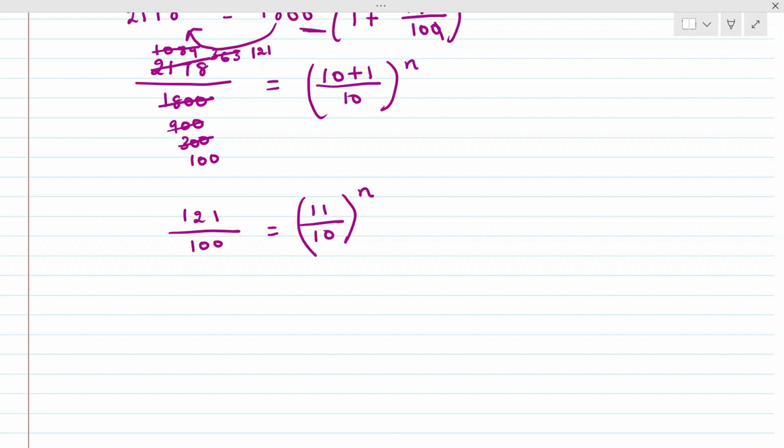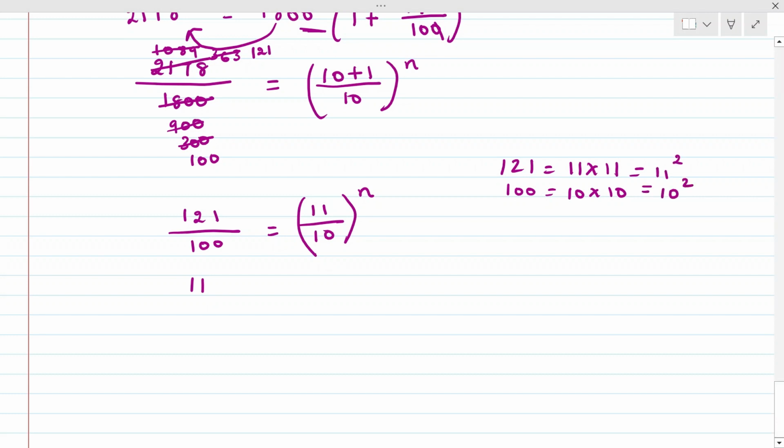So now we know some power is there, so we will make the left hand side also with some powers. We know very well that 121 equals 11 into 11, and in the same way 100 equals 10 into 10. We know the squares and all. So 121 we can write as 11 square, and 10 into 10 is 10 square.